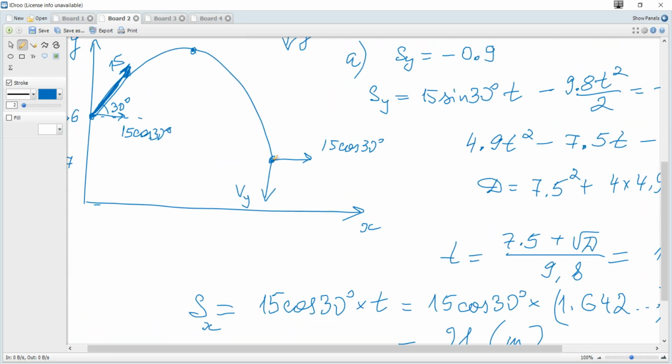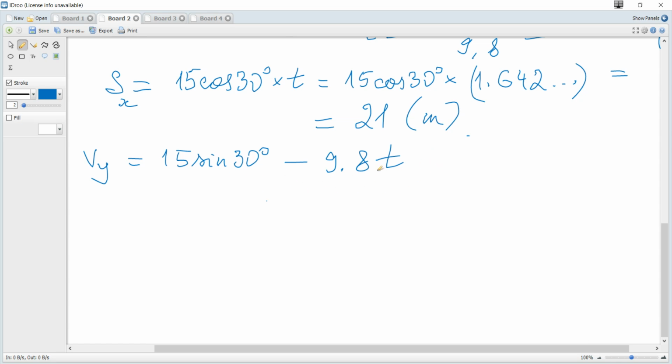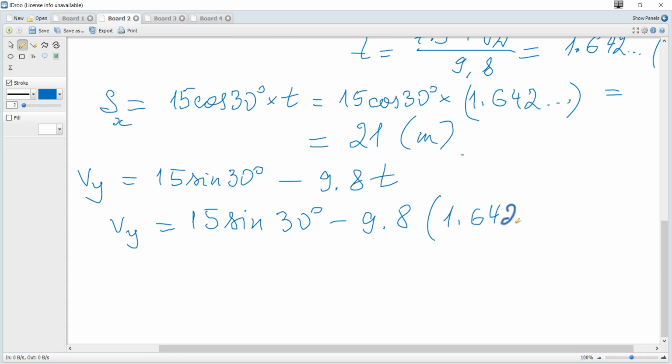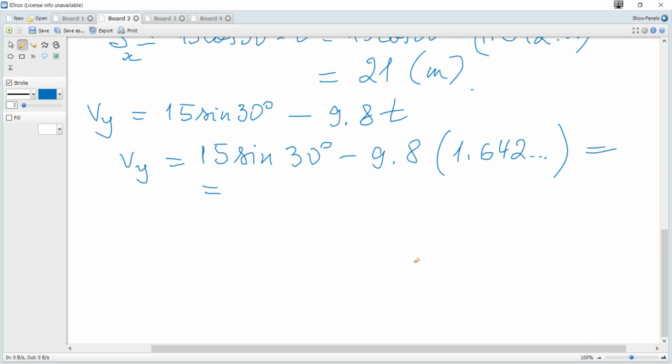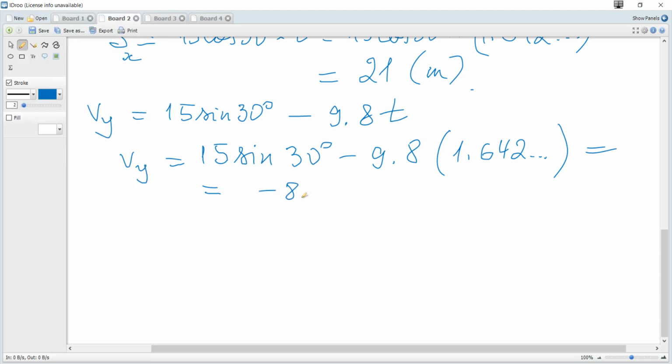But again, we need this point, and the time of flight is this, so just substituting this time, we get that v_y is 15 times sine of 30 minus 9.8 times this 1.642 and so on, and it is equal to, it's again 7.5 minus 9.8 times 1.642 and so on, and then it's negative 8.59 and so on meters per second.